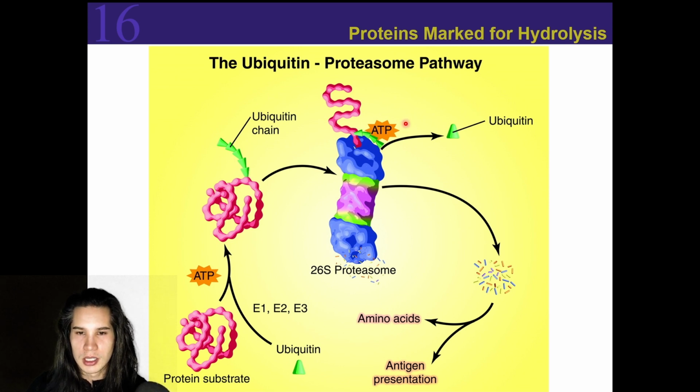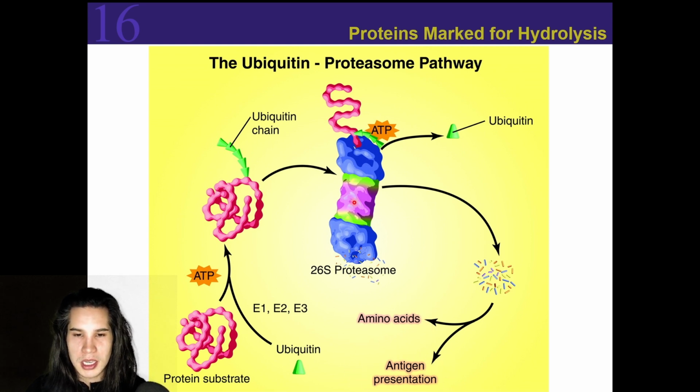This is an energy-demanding process, so it takes up ATP, but eventually we can break apart that protein into its amino acids, or even dipeptide, tripeptide chains, or unique chains of peptides for antigen presentation.